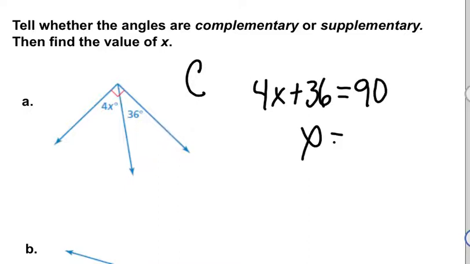What is x? It's an equation. I just have to solve it. Take what I know, plug it in, solve for x.